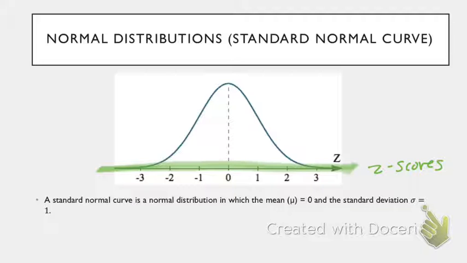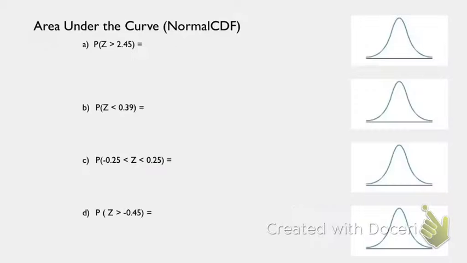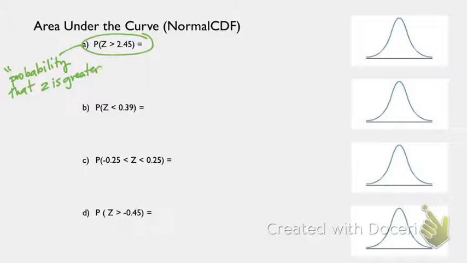We're going to use our calculator today to solve for the area under the curve. So if it's asking you, and you'll see it written like this, here's how I would interpret it. For A, the way I would say it out loud is probability that the Z-score is greater than 2.45.